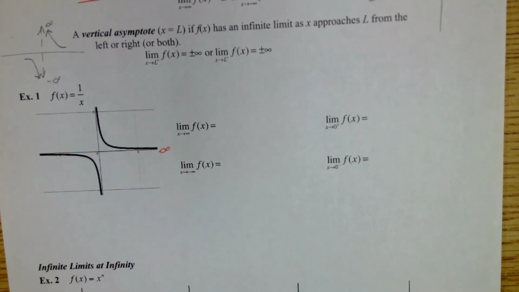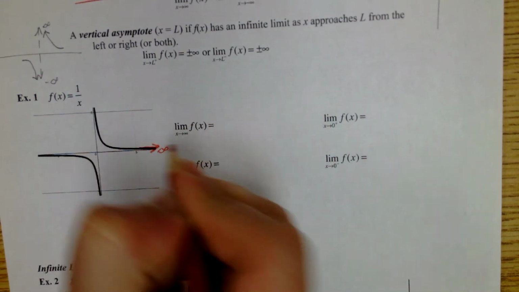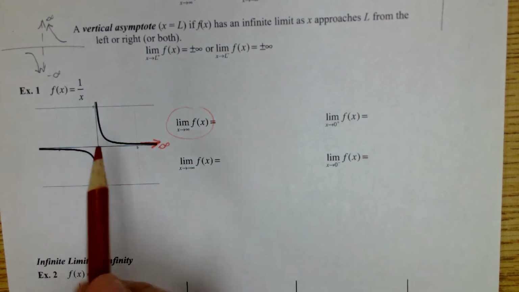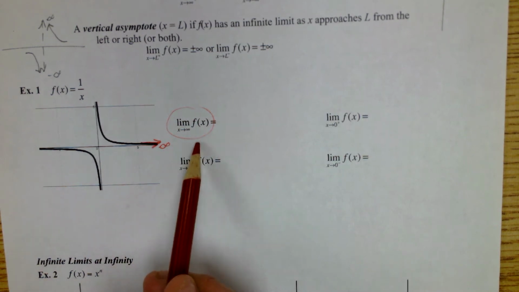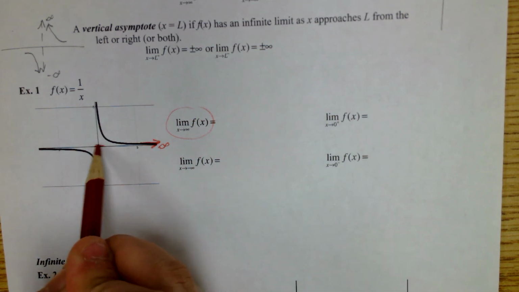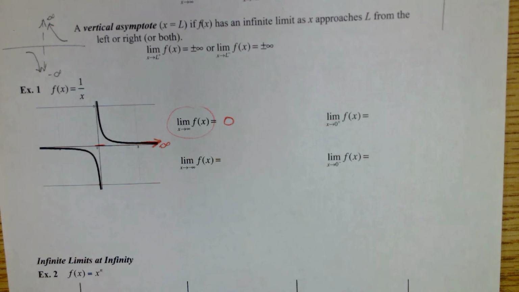So if I'm traveling right along this graph, what does it look like the y value is approaching, even though it will never actually be that y value? What's the height of this graph here? What's the y value going to be? 0.